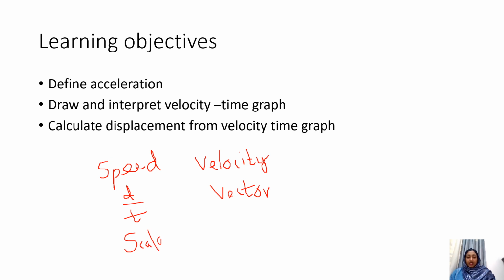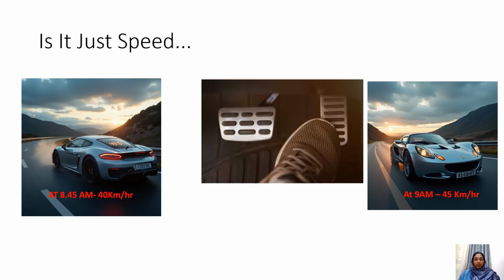Now we can discuss acceleration. Before that I will show you an image. In this picture you can see a car moving at a speed of 40 kilometer per hour at 8:45 a.m. In the second figure you can see this is the brake, and the other one is the accelerator.